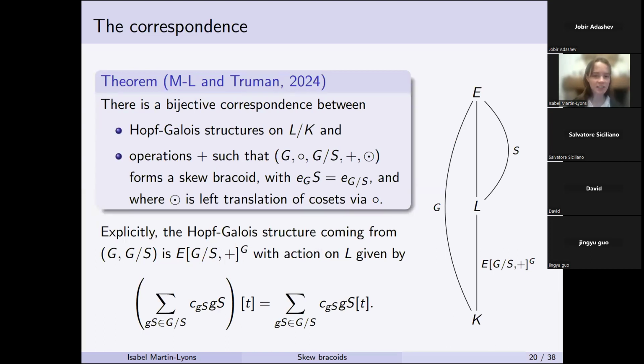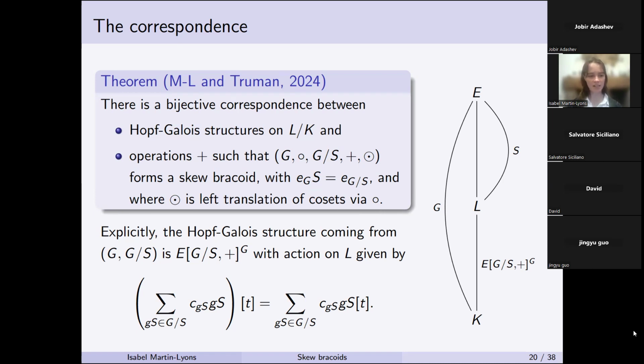So we have a bijective correspondence between Hopf-Galois structures on L over K, using our existing notation, and operations plus, such that (G, circle, G by S, plus, circle dot) forms a skew bracoid with the identity coset being the identity of the group, and where the action is left translation of cosets via circle.